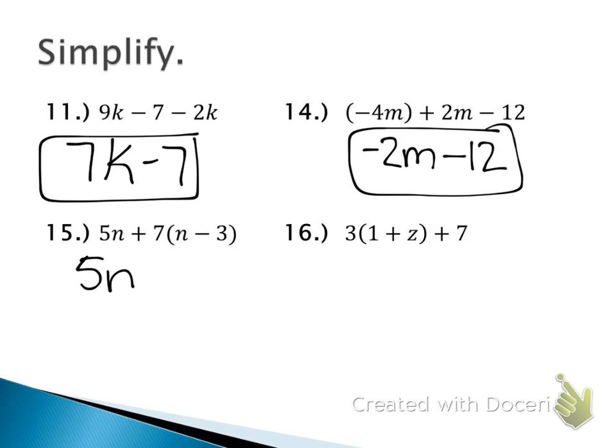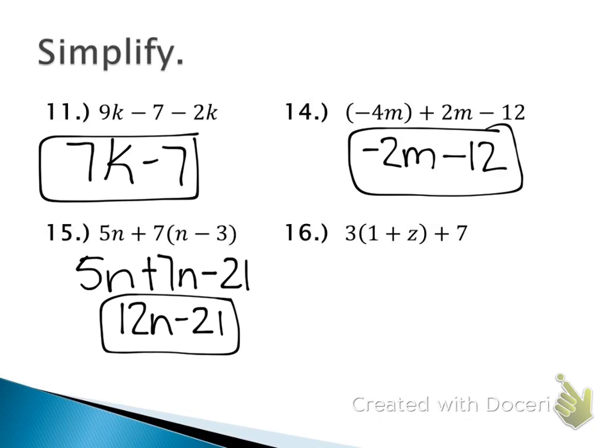We distribute the 7, so that gives us plus 7n minus 7 times 3 is 21. Alright, so then after that, we have to combine our like terms. Jamal, what did you get? 12 minus 21. Wonderful. We add the ends together. We're still subtracting 21 on the end.